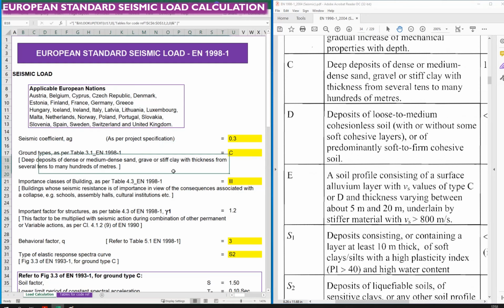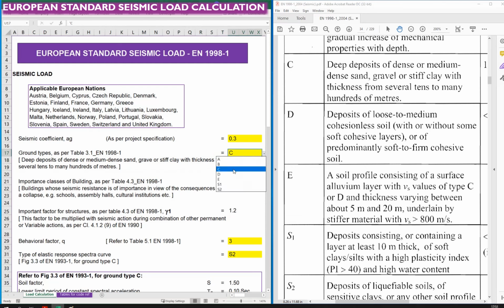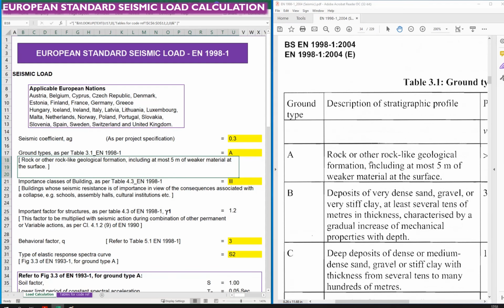So I have selected C from the drop-down list, which provides the definition and description of the stratigraphic profile based upon EN 1998 Part 1. Let us consider C as the ground type for this calculation.